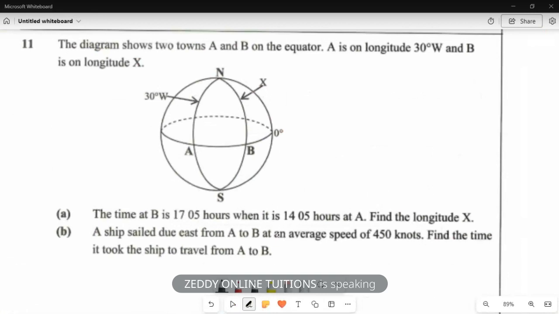We'll use the time to find the difference in longitude, how far it is. Let's go to the standard that for every 1 degree, there's a difference of 4 minutes.